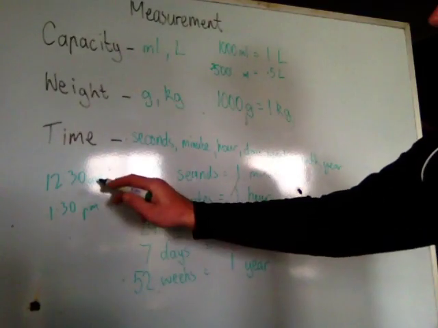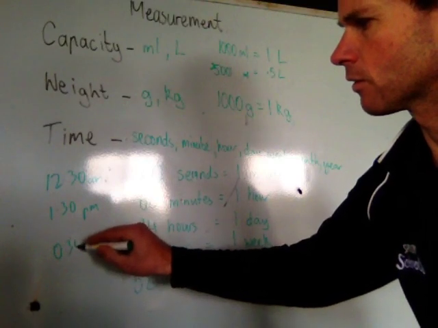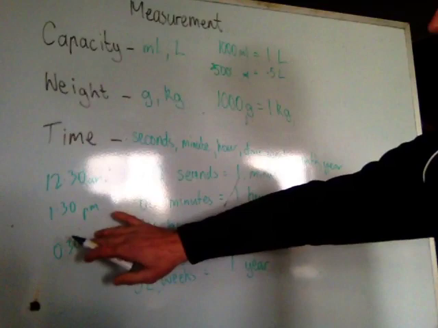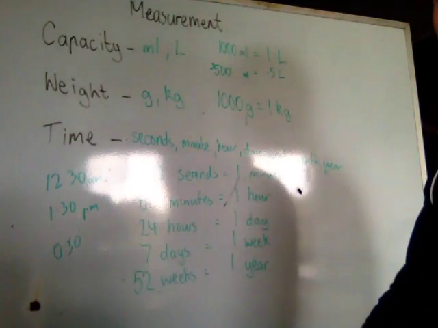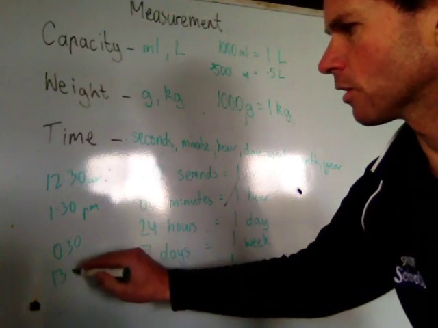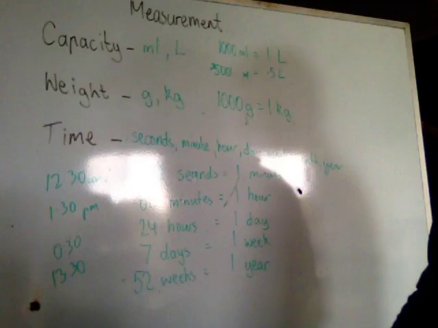So for example, 12:30 AM in 24-hour time would be 00:30. Okay, so we know we don't have to put the AM or PM because we know in 24-hour time that's 0:30. Whereas 1:30 PM, that is 13:30. And we don't have to put down the AM or PM.